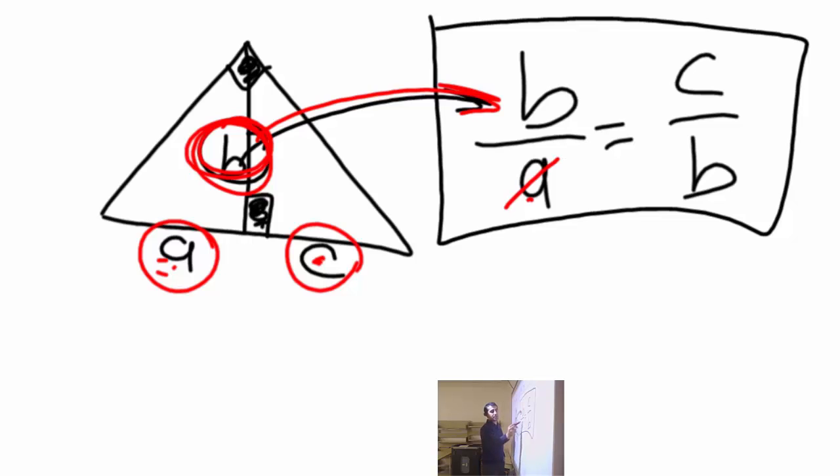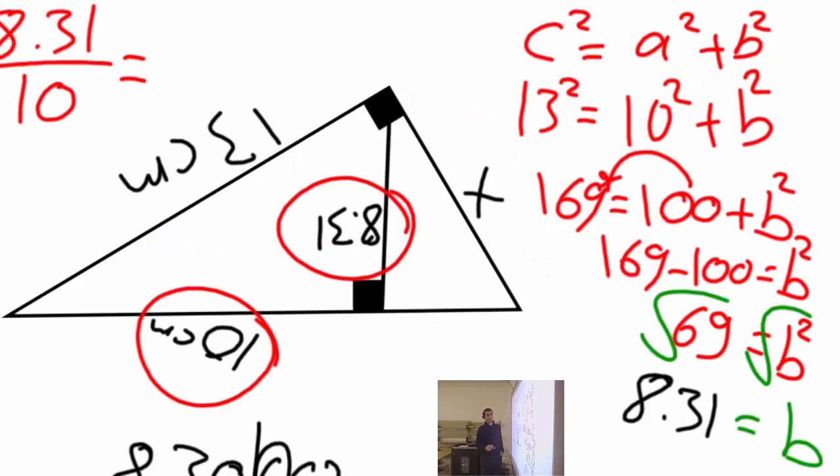So I did this, I did that. Now this part going up, that's the side I want to find out. So let's call this E. I want to find out E. So E goes up.